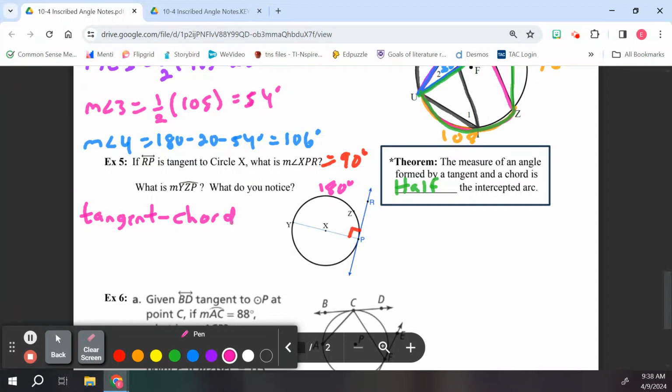And we have it in words, but what this is saying is that if we take half of that arc, we get the angle. Question so far?